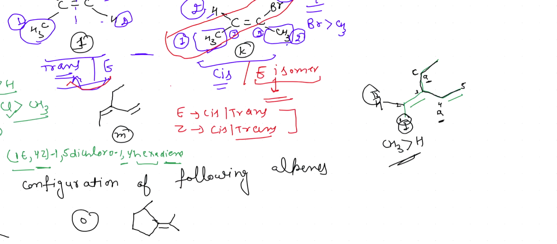But carbon number 4 is further linked to a carbon having a double bond. There is a double bond between carbon and carbon, so it will be considered as 2 carbons. But this other one is a single carbon, which is given low priority as compared to this group. So this group is given high priority.